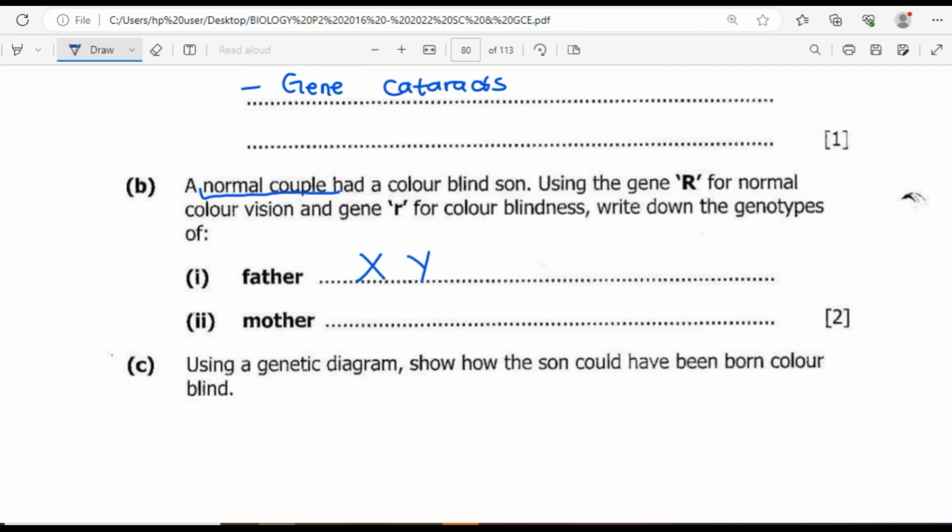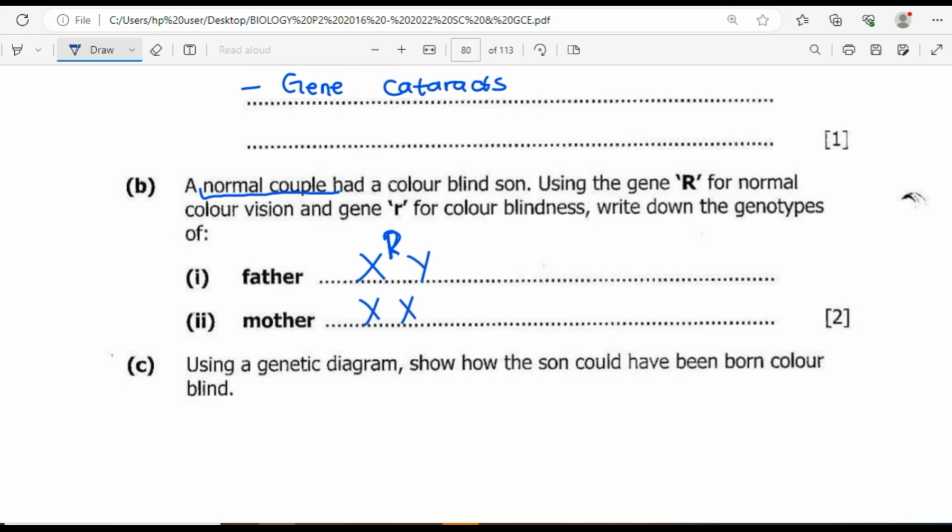Any of these sex-linked characteristics, the point is, if the question says a normal couple, just know that the man is okay. Whenever the man is okay, you put capital R on the X. Y does not take these characteristics. Then the mother will have XX.